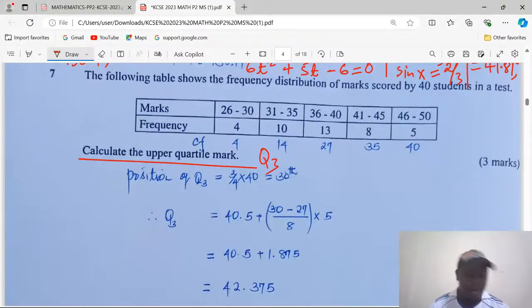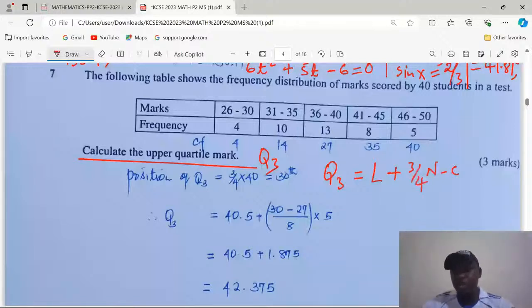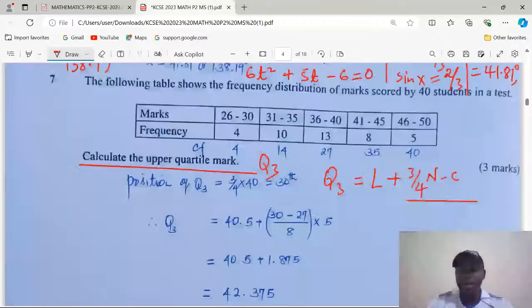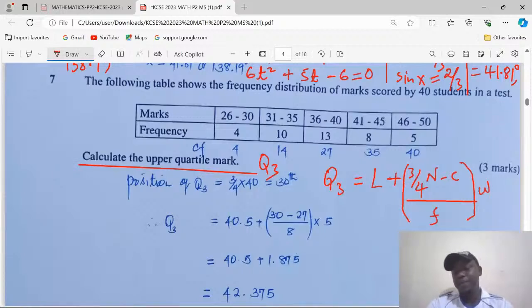So when we are talking about Q3, we mean the median for the upper set of data, and Q3 is usually given by the lower class boundary plus 3/4 of the total frequency minus the cumulative frequency just before the Q3 class, divided by the frequency of the Q3 class, multiplied by the class length of the same.